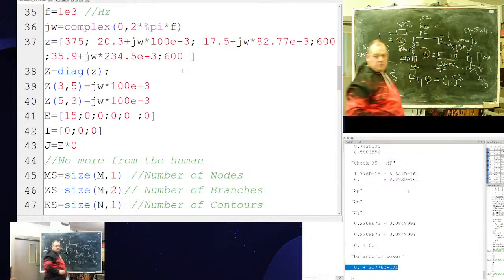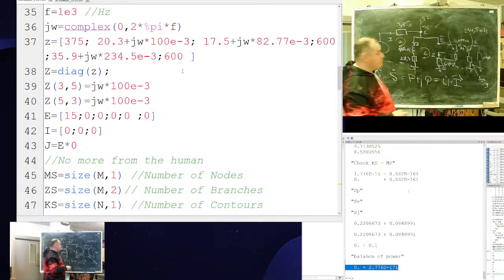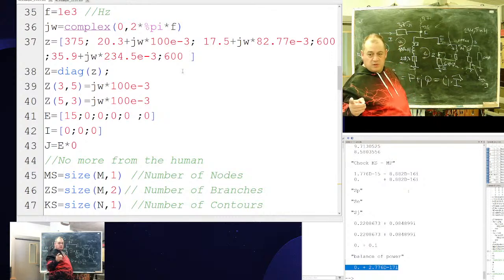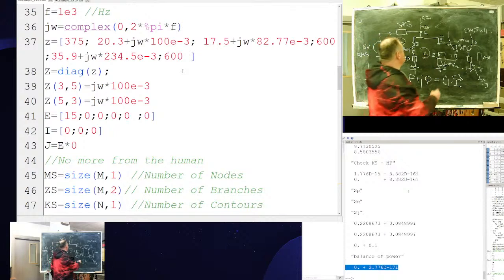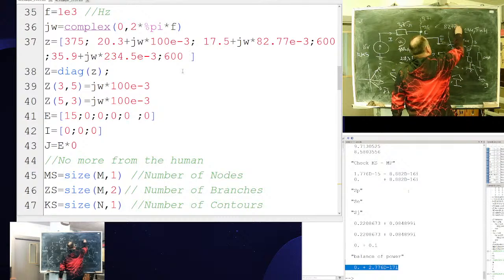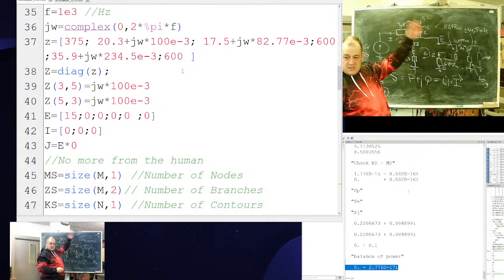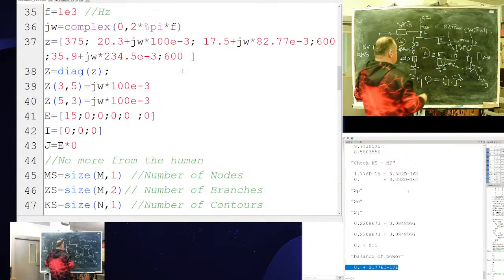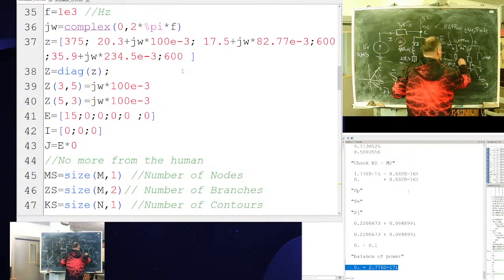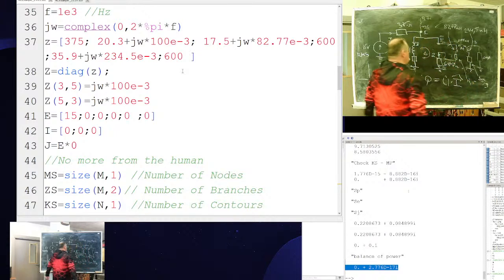This one at the primary side, 17 point, wait one moment, 82.77 millihenry, and the small resistance is 17.5.